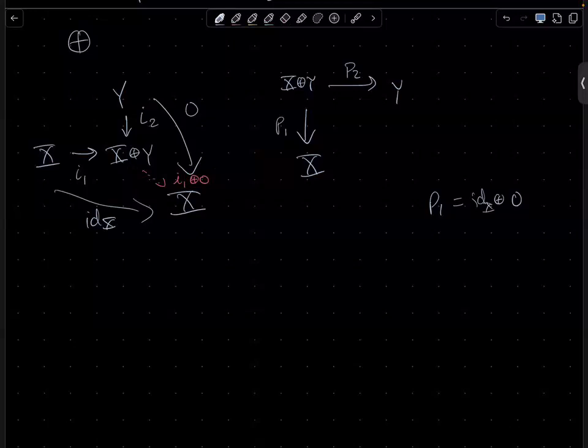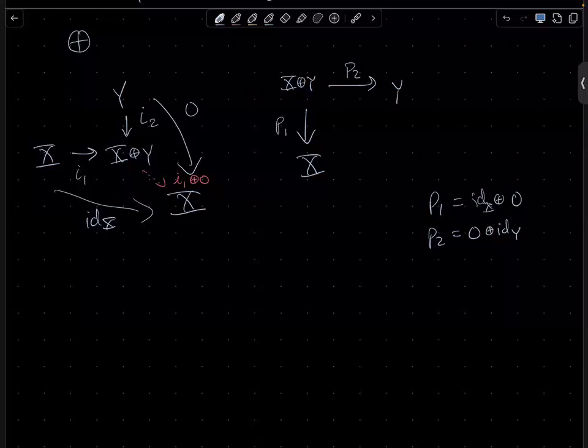Thank you. And then P2 similarly is 0 direct sum id Y. You can check, there are some details to check that this satisfies the universal property for a product. Cool, good.